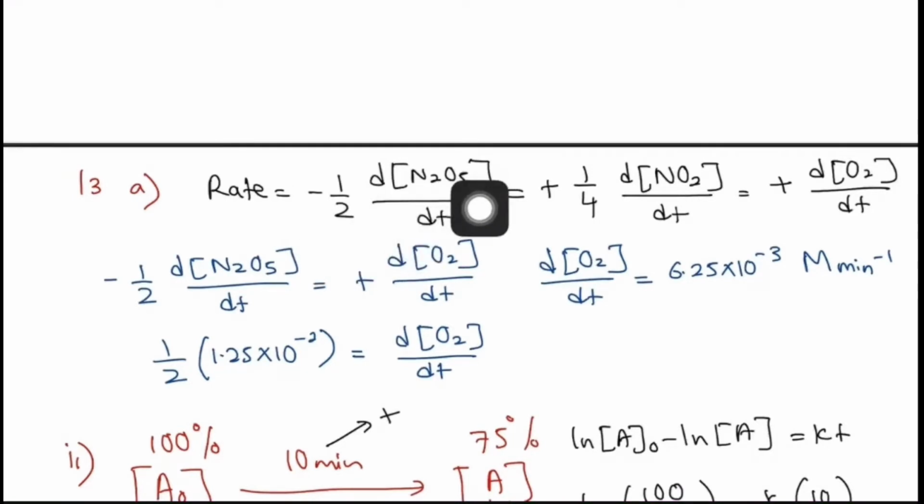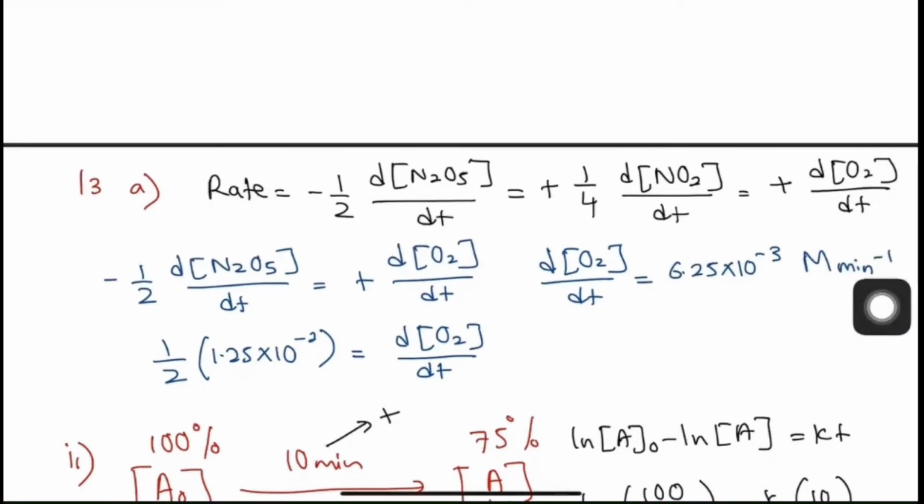Change in concentration of N2O5 divided by time equals to a positive change for products, and again 1 over its stoichiometry. Change in concentration of NO2 divided by time equals to positive change in concentration of oxygen divided by time. So this is your differential rate equation.